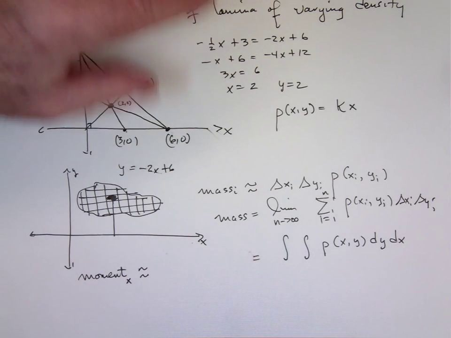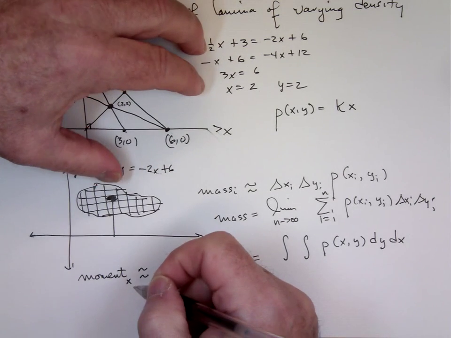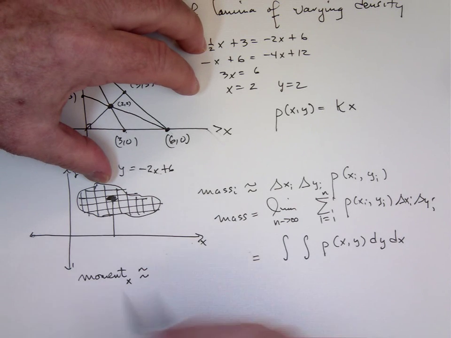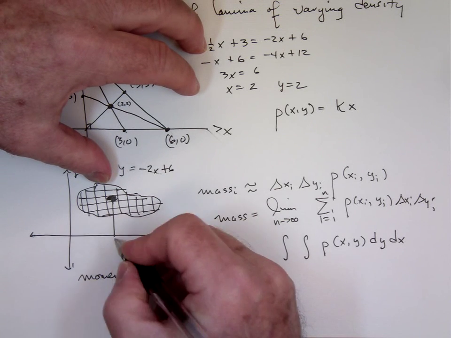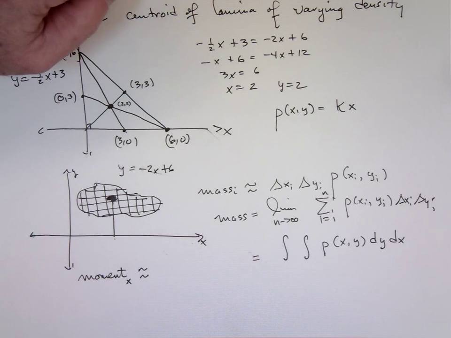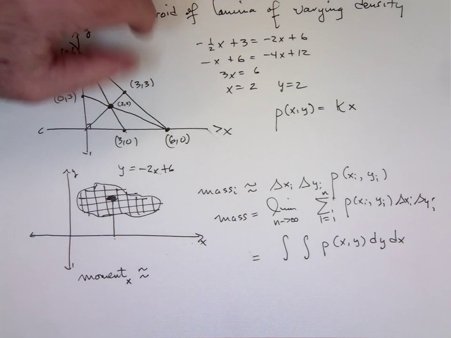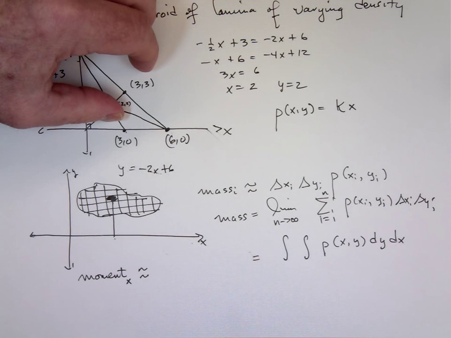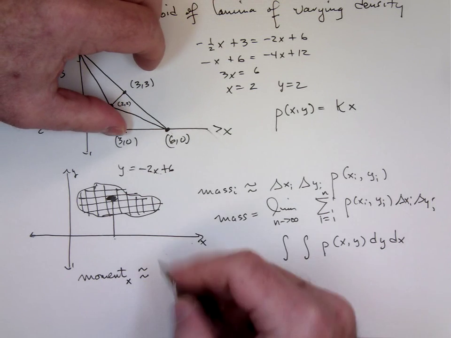All right. This moment generated by this square is equal to the mass of this square times its distance. Well, what's that distance that this square is from the x-axis? It's the y. It's the y coordinate. Okay? So here's what we have.